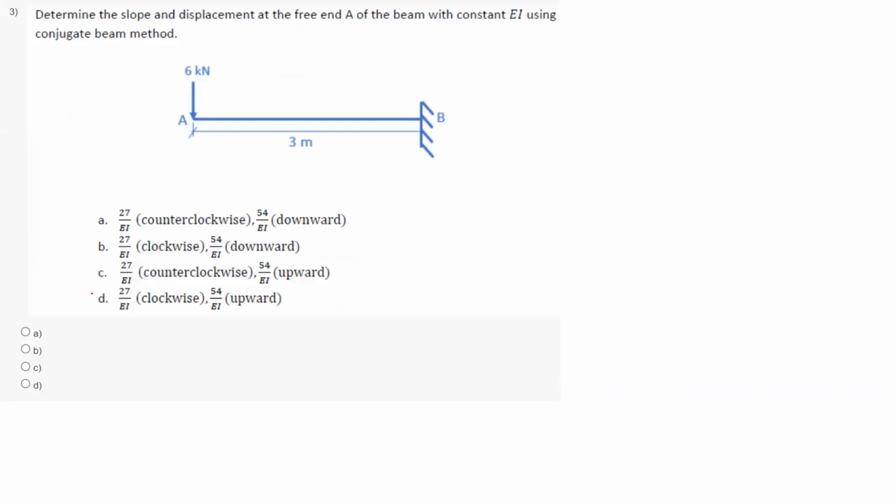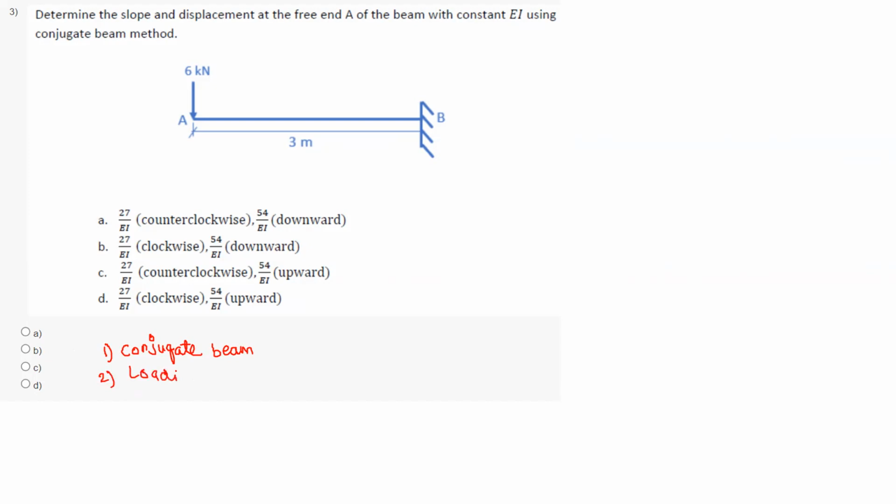Now we have to determine the slope and displacement at the free end A of the beam with constant EI using the conjugate beam method. So in the conjugate beam method, what are the steps? We have to first draw the conjugate beam, and on this conjugate beam, we have to consider the loading as the M by EI diagram.